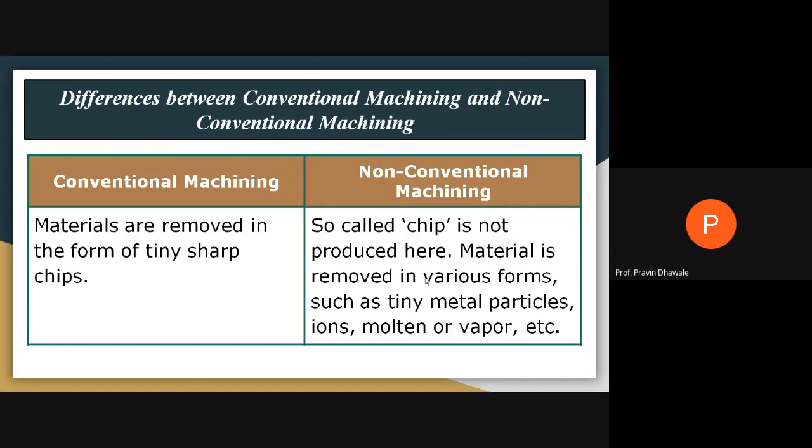So there will be any form by which the material is removed from the workpiece in case of the non-conventional. But in case of conventional machining, the material is removed only in the form of chips. This is the second point which differentiates conventional from non-conventional. Write this point also.